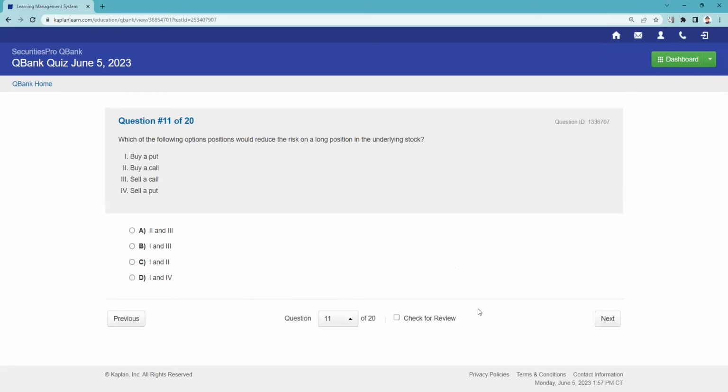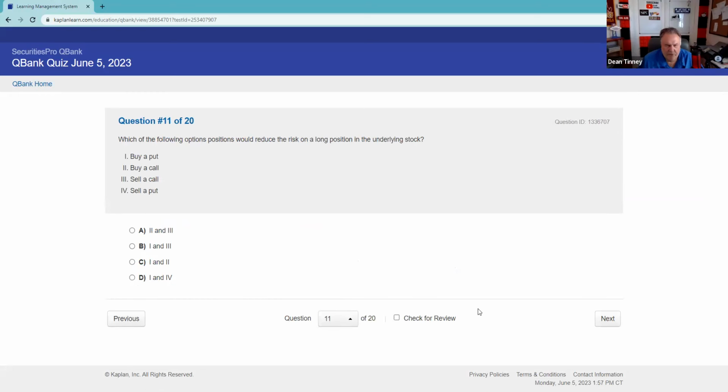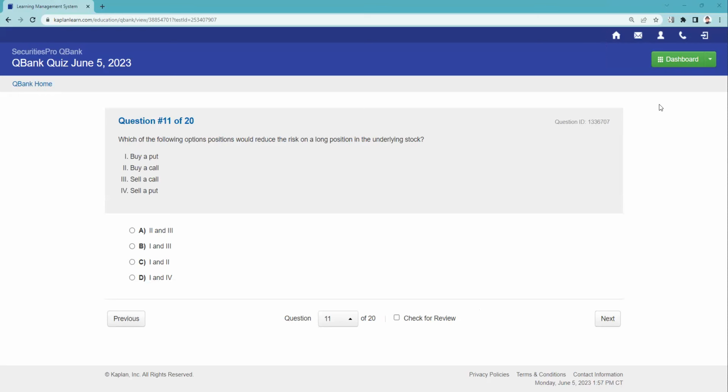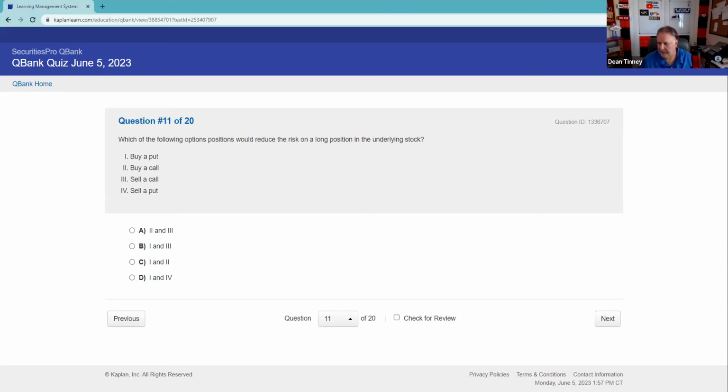Which of the following option positions would reduce the risk on a long stock position? So you already bought the stock. I just have to think about my chart for a second. Love it. Yeah, the matrix will definitely work here.